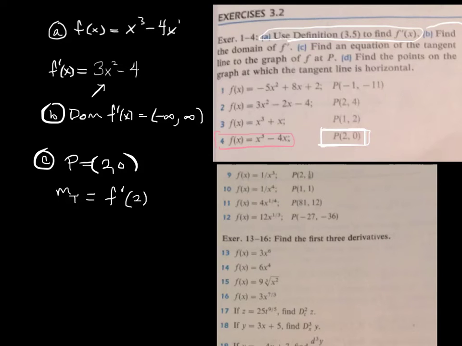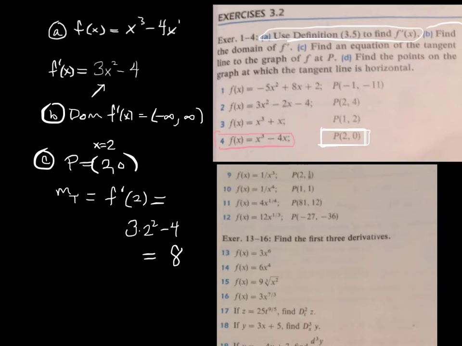In other words, I plug x equals 2 into the formula that we just found for f prime. Now, if we were asked to use the definition, we'd have to do something different. But anyway, f prime of 2 is 3 times 2 squared minus 4, also known as 3 times 4 minus 4, which is 8.